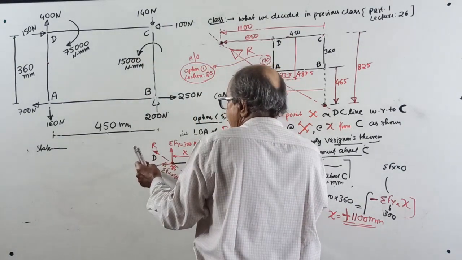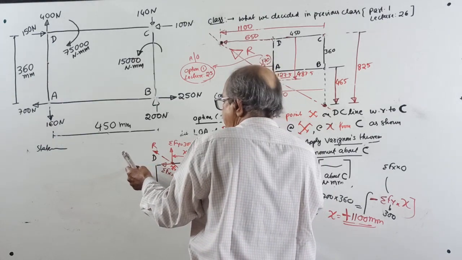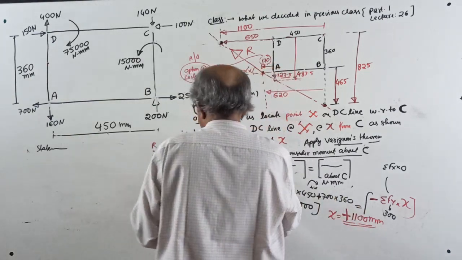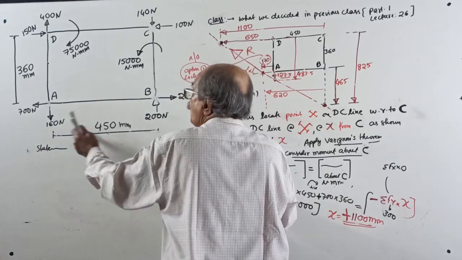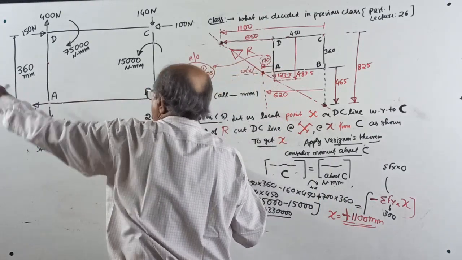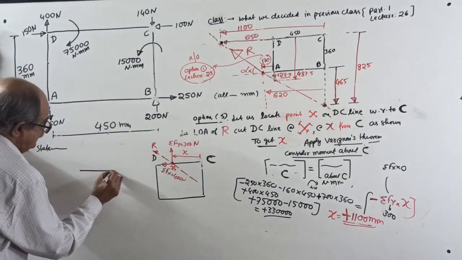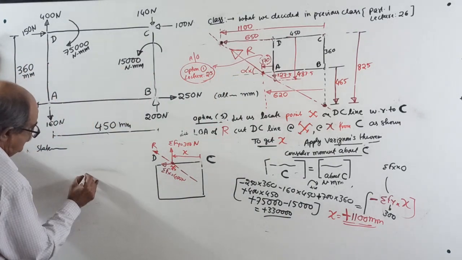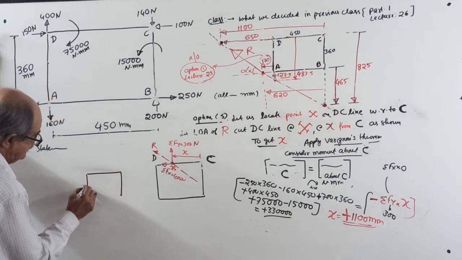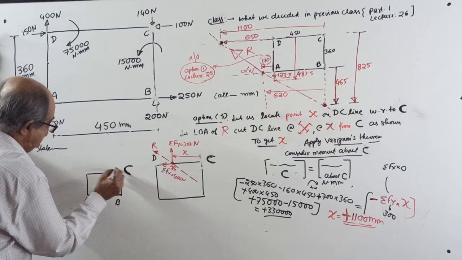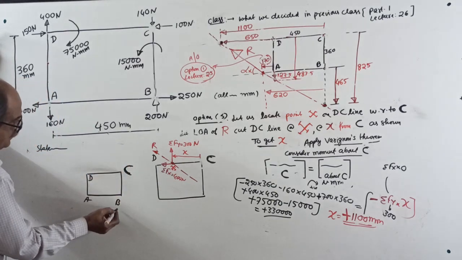So the point of intersection X lies to left of C by 1100. But C to D is only 450, so it will go beyond D. Finally if you write the answer here, A, B, C, D, this is 450, remember?